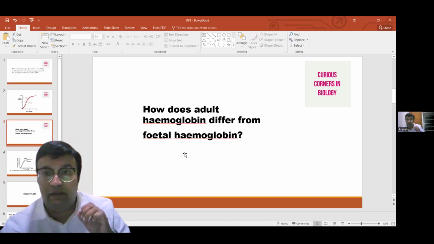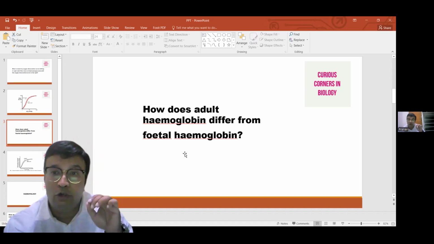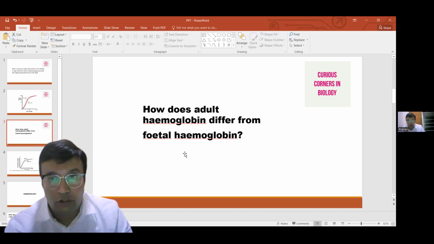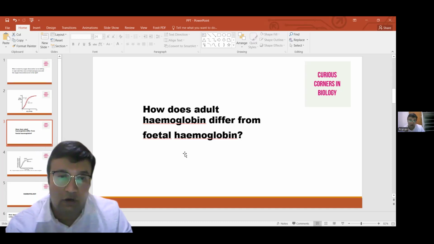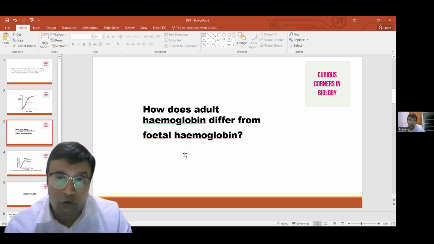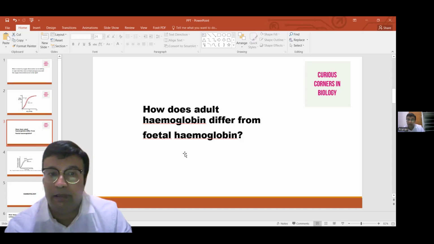That means it will not bind 2,3-bisphosphoglycerate as well as adult hemoglobin does. So that is why in normal conditions, fetal hemoglobin has 30% more affinity to oxygen as compared to adult hemoglobin, that is maternal hemoglobin. Now, why is this a requirement?